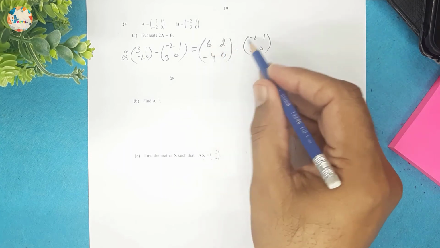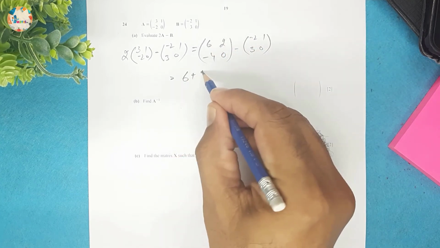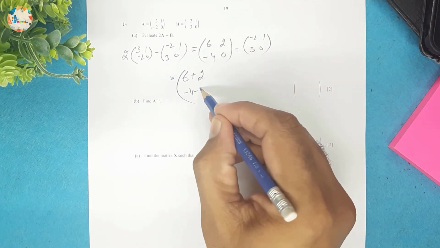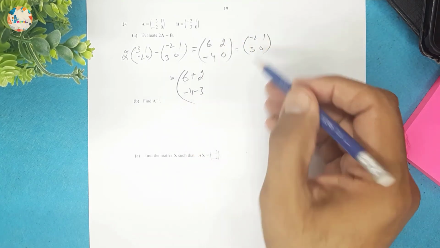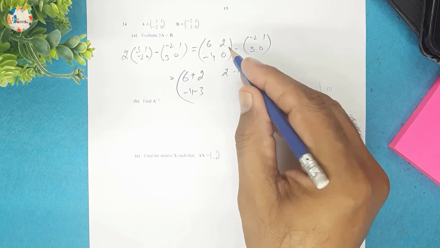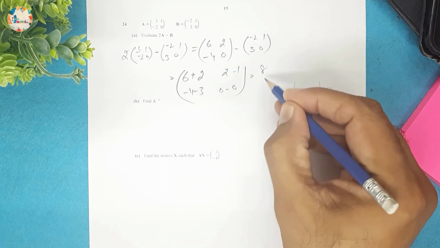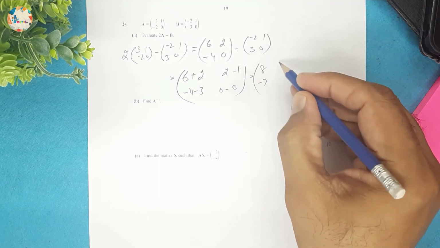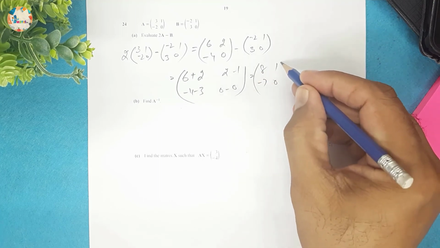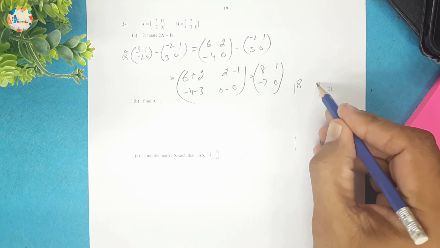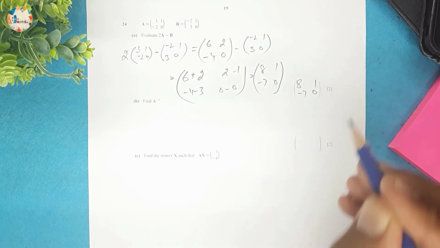This will be 6 minus minus 2, so 6 plus 2, and this will be 2 minus 1, 2 minus 1, and minus 4 minus 3, and 0 minus 0, and the final answer will be 8, minus 7, 1 and 0. So this will be our final answer, which we write in the space provided over here.